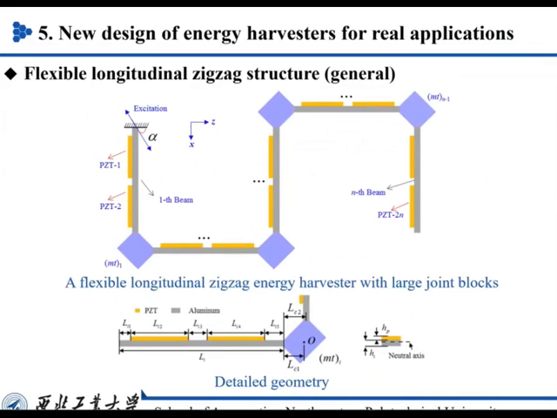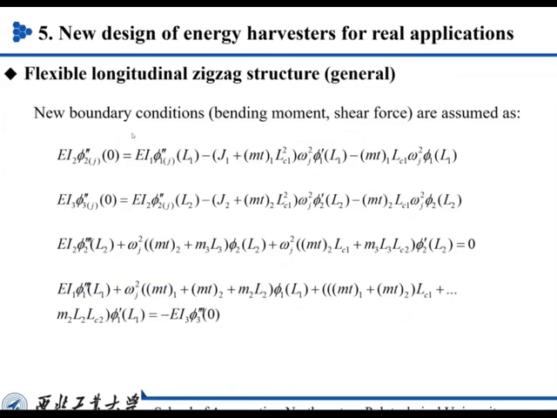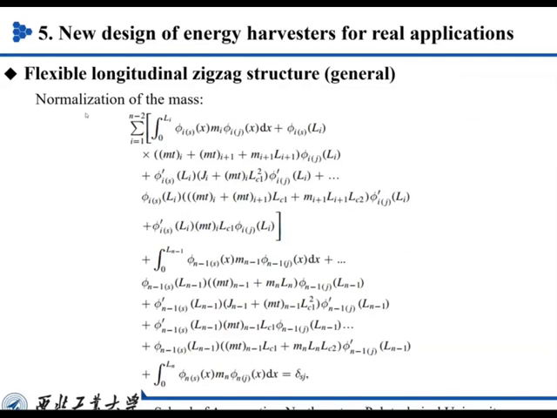The general case means the joint error is not ideal, not very small, so it may be very large, like this picture with large joint blocks. So we make new boundary conditions. We mostly focus on the bending moment and the shear force, and also make the normalization of the mass.